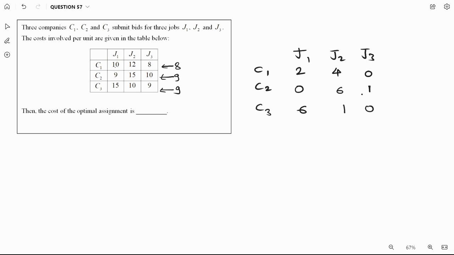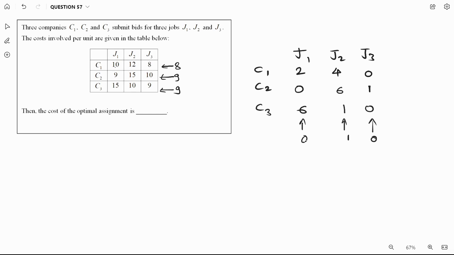Now, whatever we did for the rows, we have to do for the columns of this updated table. The minimum of the first column is 0, the minimum of the second column is 1, and for the third column it's 0.